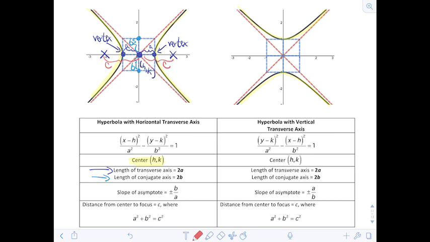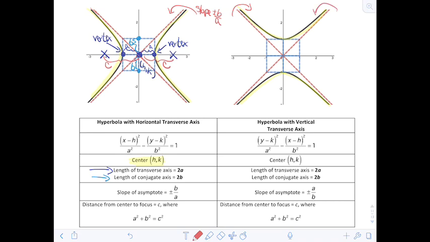Okay. Now, the asymptotes, which are here in this pink or red color, they do have slopes. They are lines. And the way that we get these slopes, I'm going to go over with you in just a minute as to why they are a over b or b over a. But the slope is positive or negative b over a.